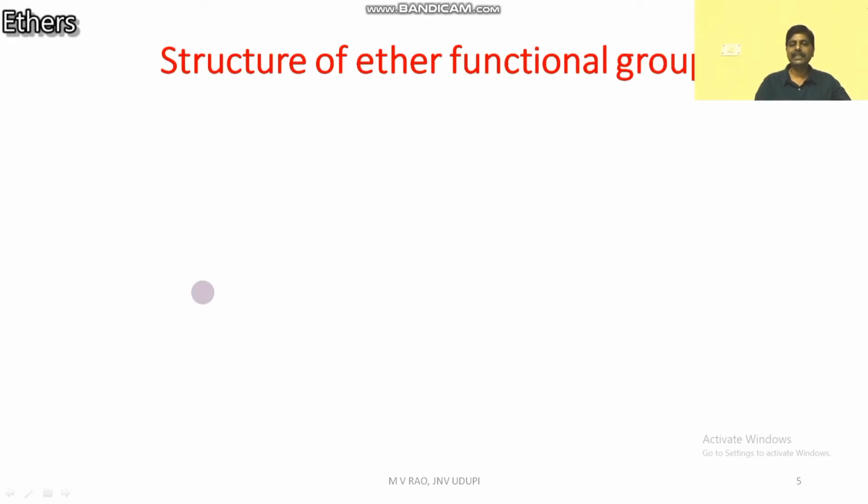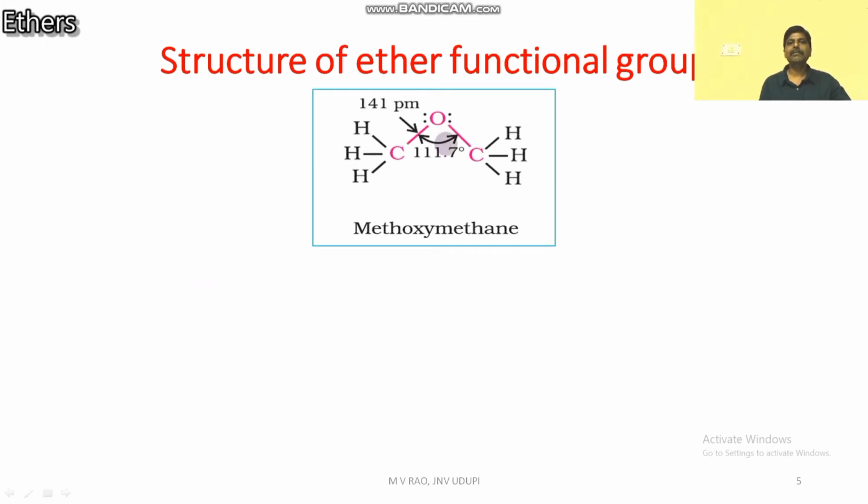So you can see here structure of functional group ethers. Here I have taken CH3OCH3. Its name is dimethyl ether. IUPAC name is methoxymethane. So both CH3 groups attached to oxygen.